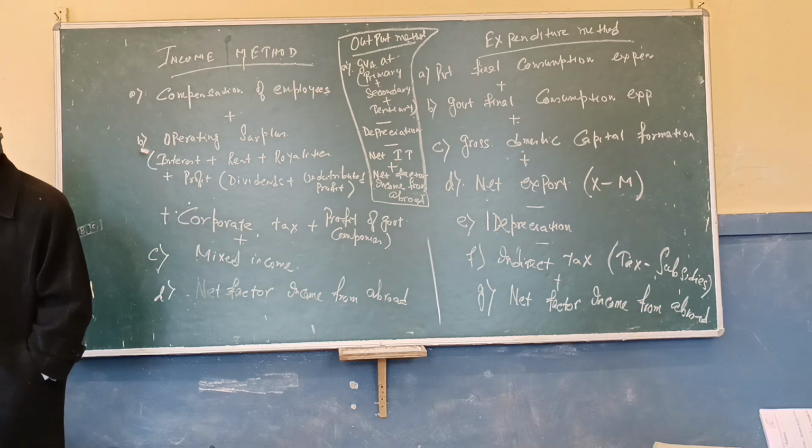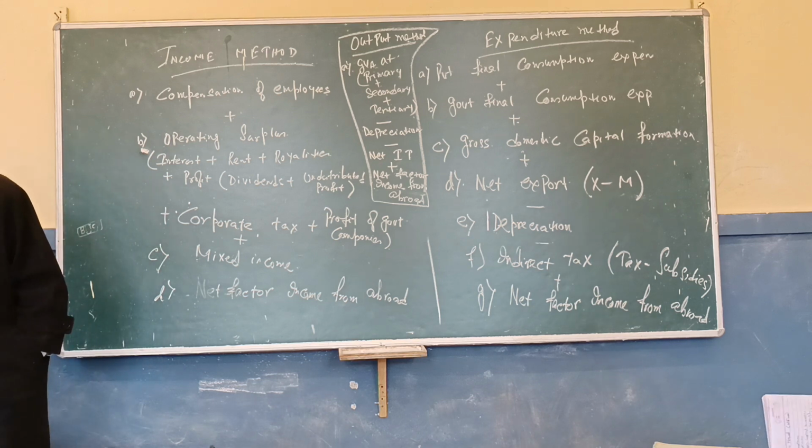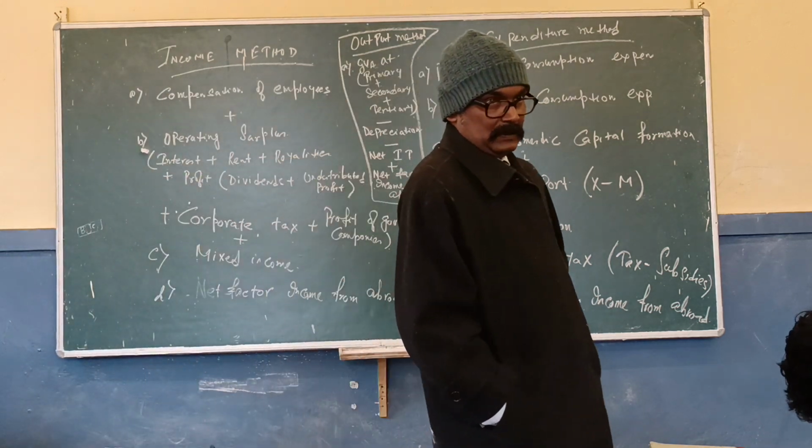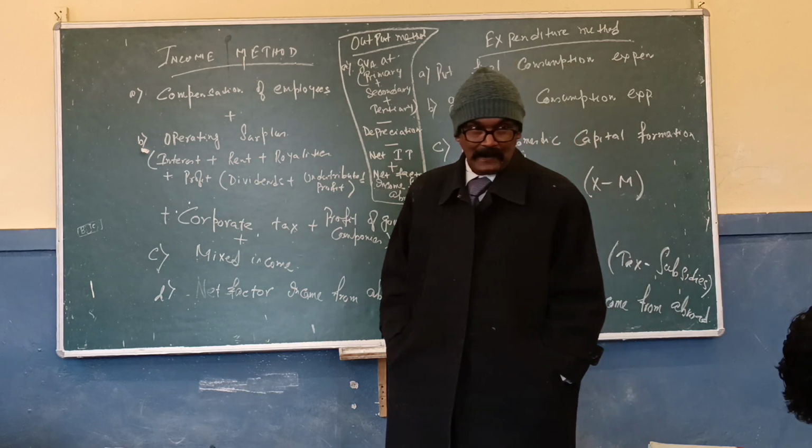And then number 11 is net domestic capital formation 385.